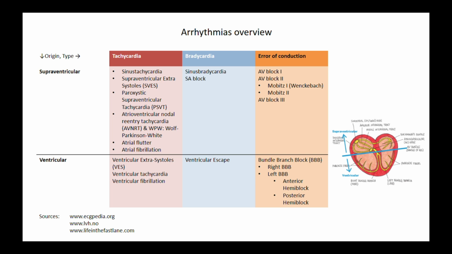LVH.no, it's sort of like an official guideline book for doctors on duty used here in Norway. If you speak Norwegian or are comfortable with Google translating everything, you can check it out. And Life in the Fast Lane, a great medical blog about ECG and different medical subjects. I would recommend checking it out if you have the time.